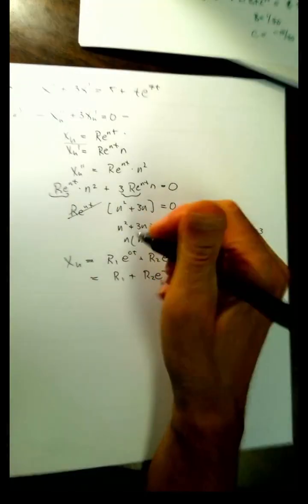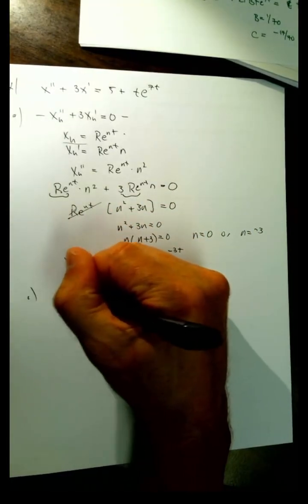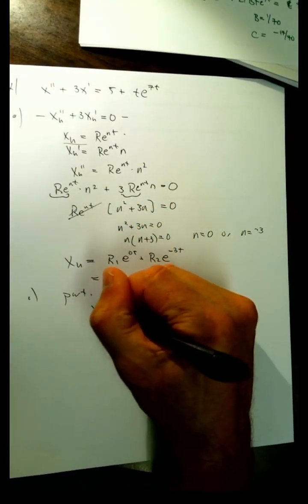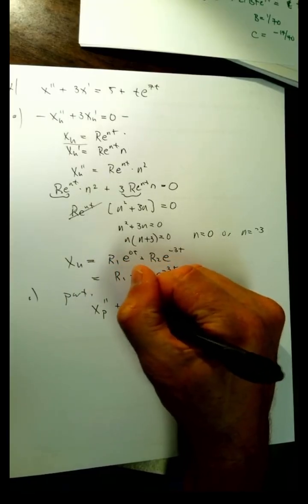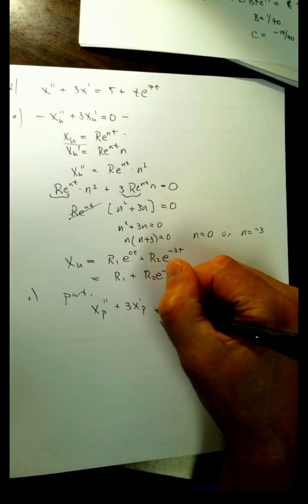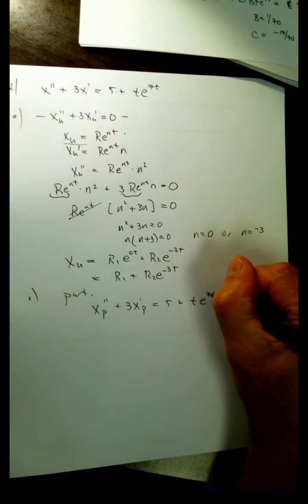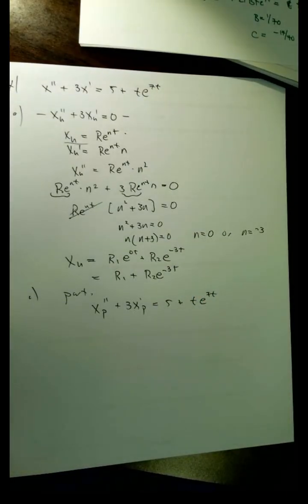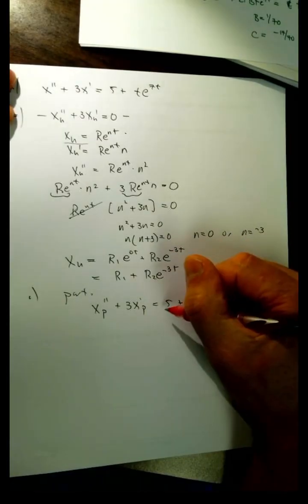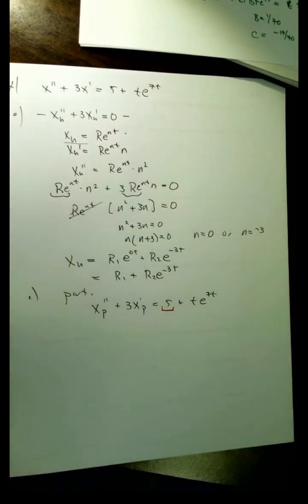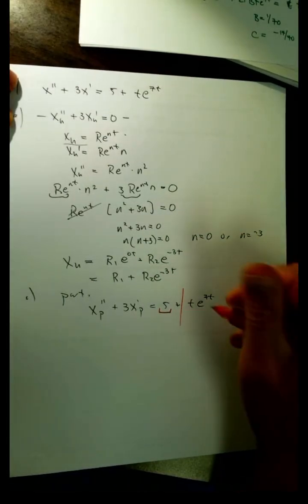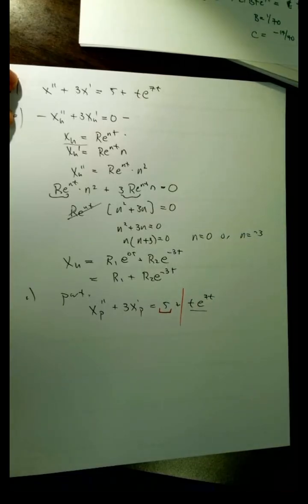All right. Now for my particular solution, I have x double prime plus 3x prime equals 5 plus t e to the 7t. I'm going to do divide and conquer. I basically have a polynomial plus some ugly exponential thingy.